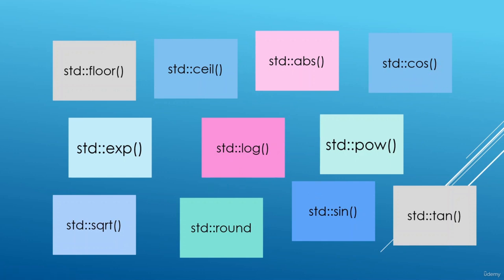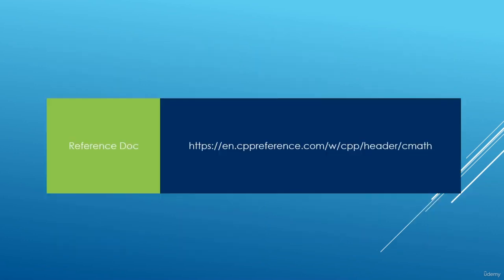You can compute the exponential of a number. You're going to see what this means in a few lectures. You can use std::log. And again, if you have some math background, these concepts are not going to be foreign to you. Many of these functions are documented here at CPP reference, so it might be worthwhile to go there and check what functions are available there.